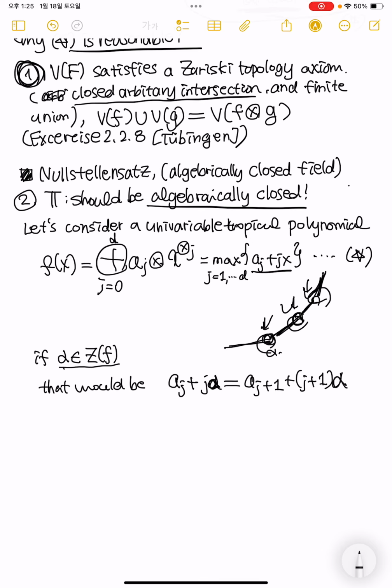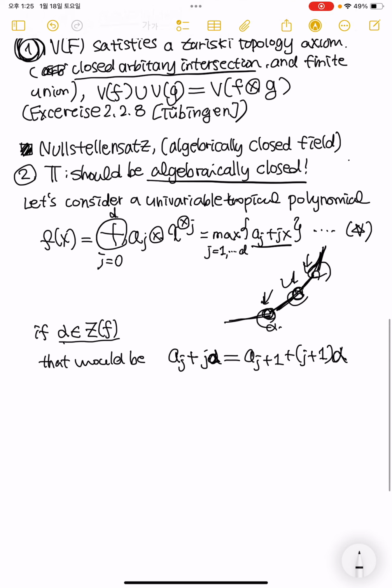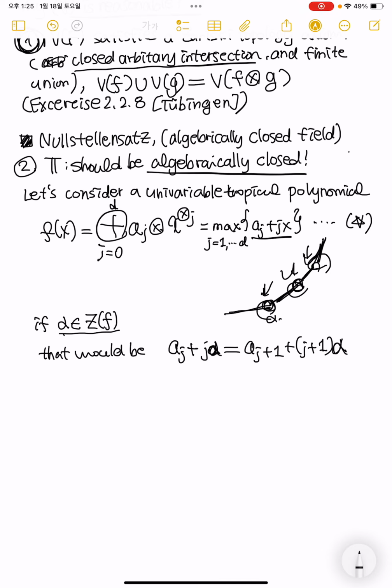Just the intersection between two lines, piecewise function, line segment.